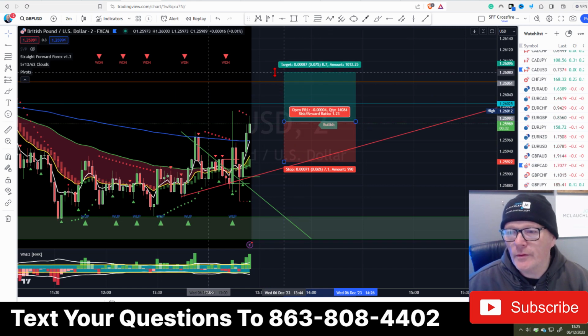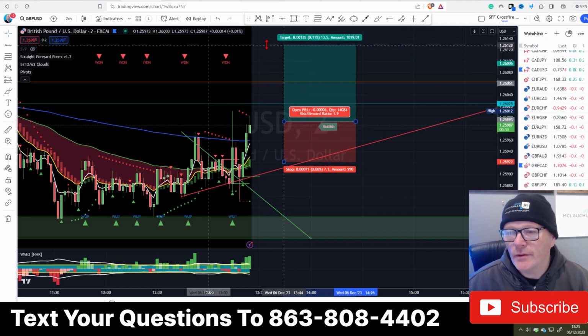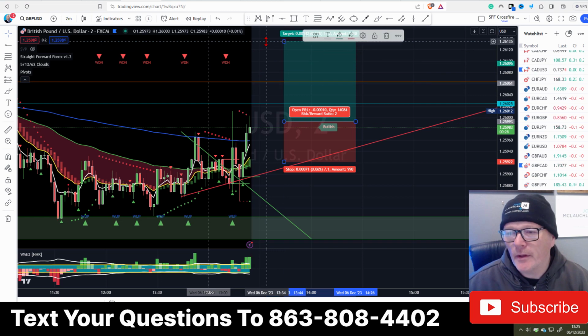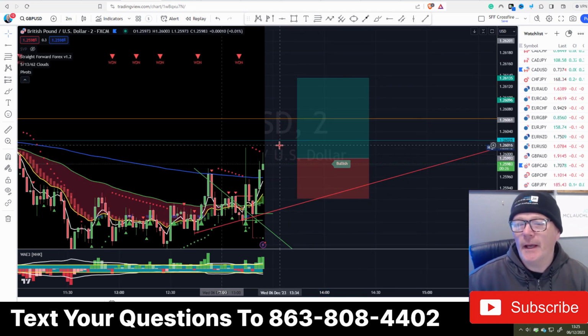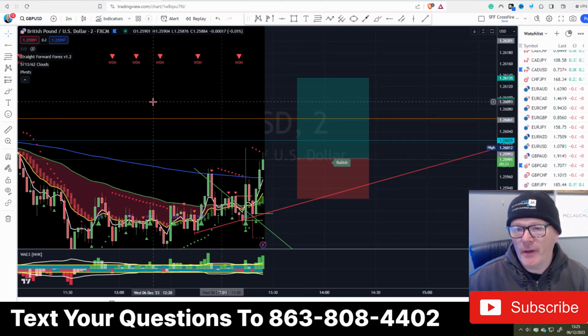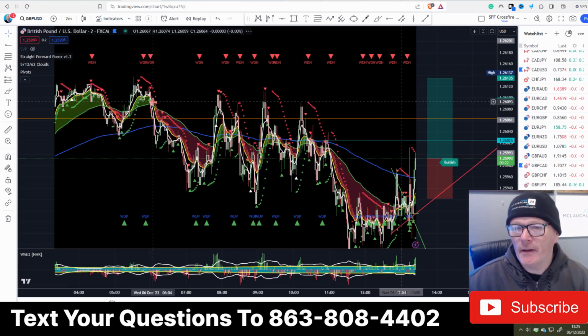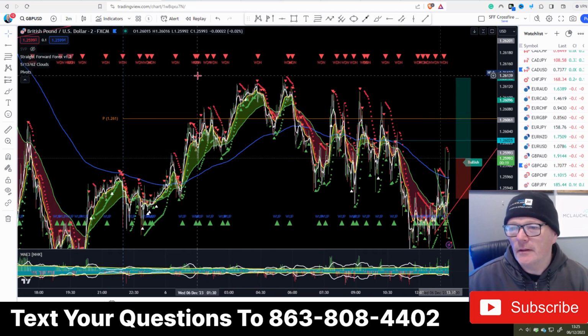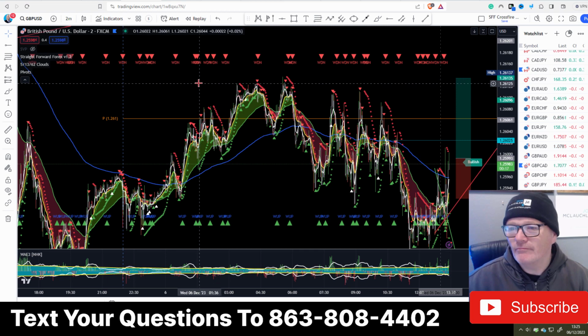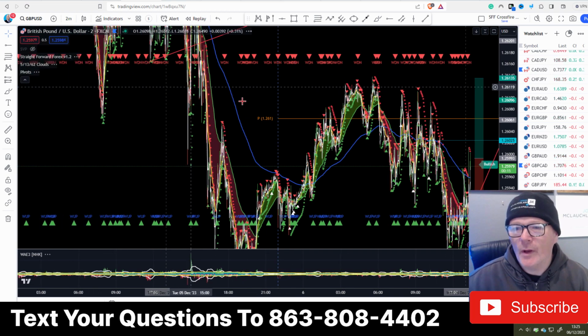What we're looking for is a 1 to 2, and a 1 to 2 takes us way up here. Now points of interest are here. This is the pivot, and the next higher high from there is way back.